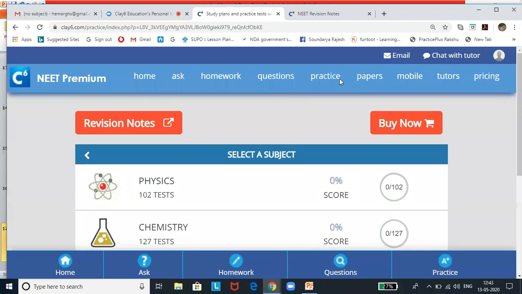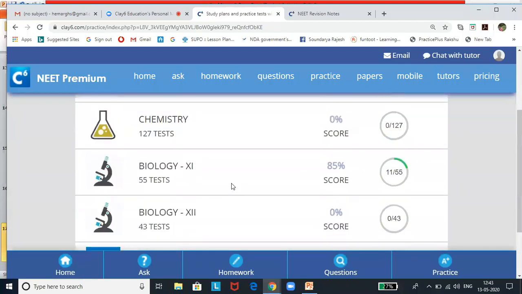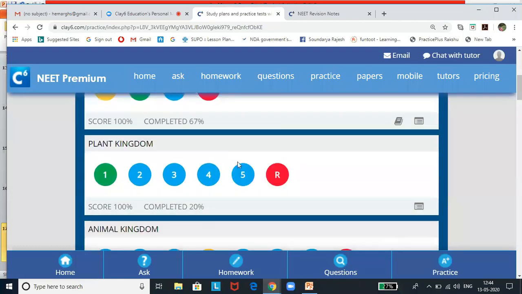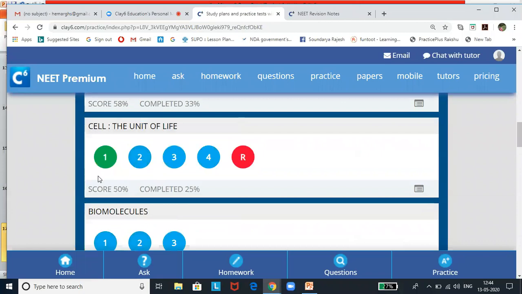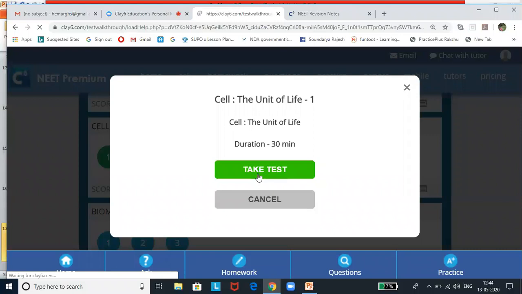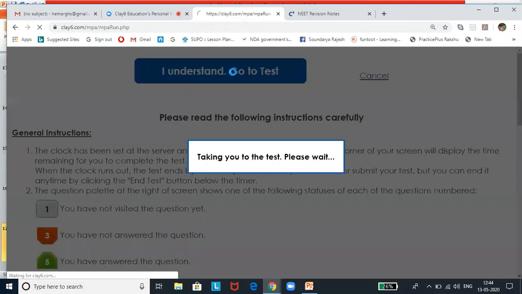So now let me go to the biology test. Let me look at the lesson. Today's lesson is cell. The first, take a test. So again, I'm saying look for the timing. But for biology, if you are prepared, it generally does not take much time.